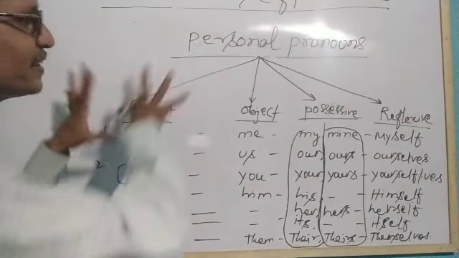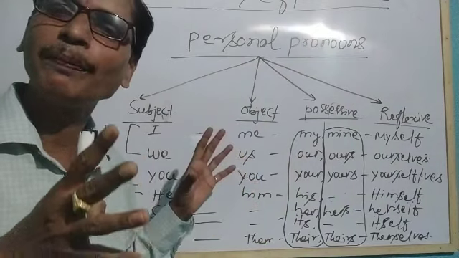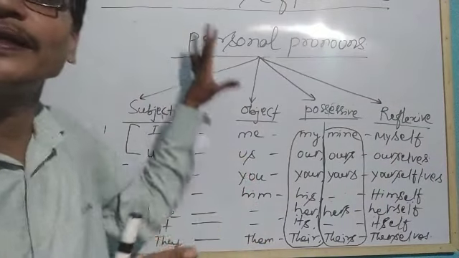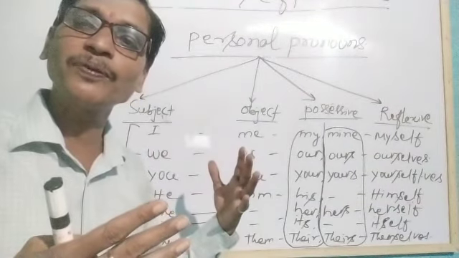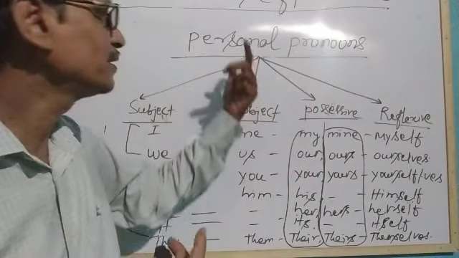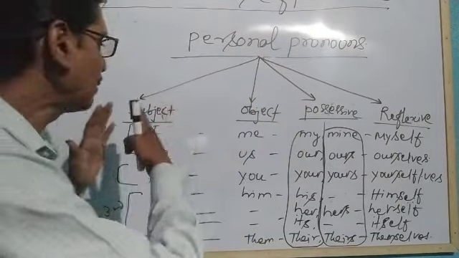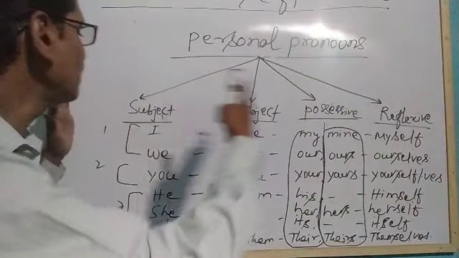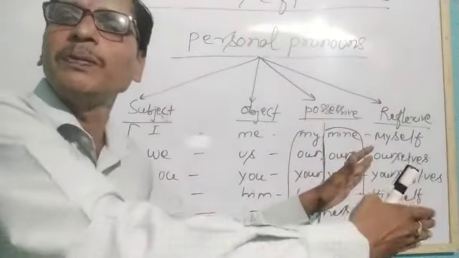Understand? So in today's discussion, we have just had the introduction to pronouns and different types of pronouns, and while discussing different types of pronouns, we discussed personal pronouns and how they are used in different ways, as a subject, object, possessive and reflexive.